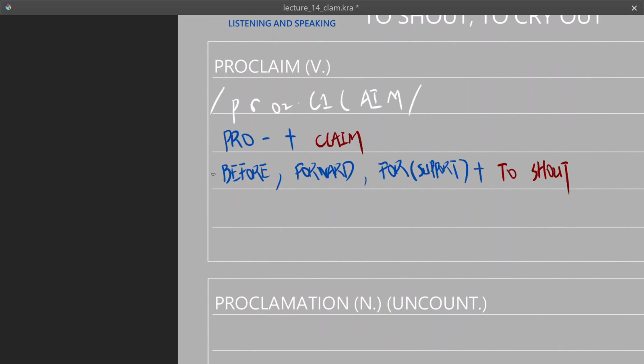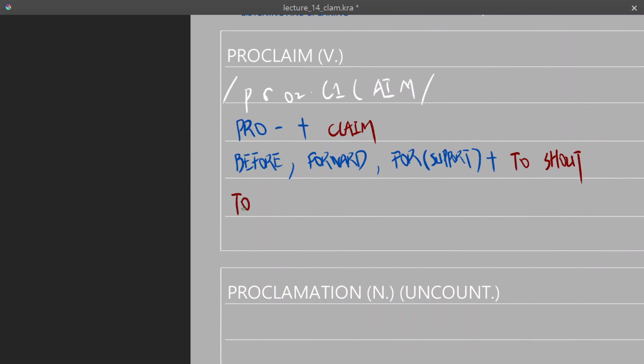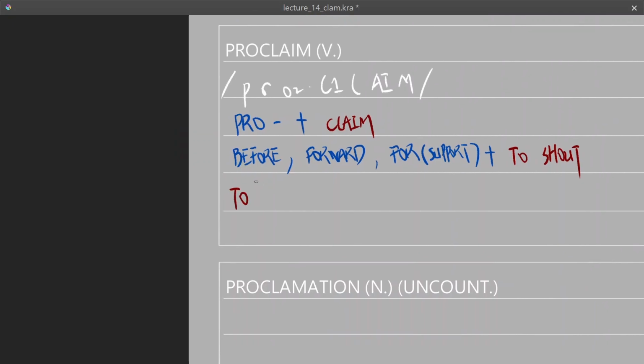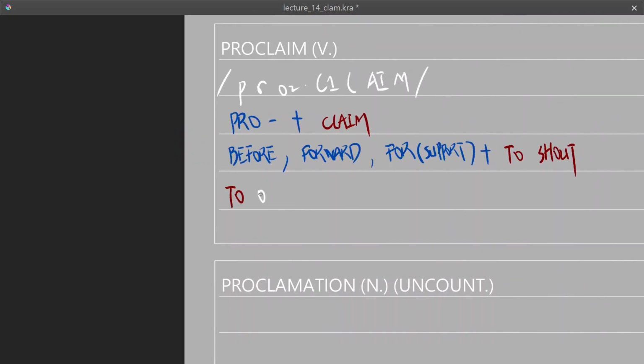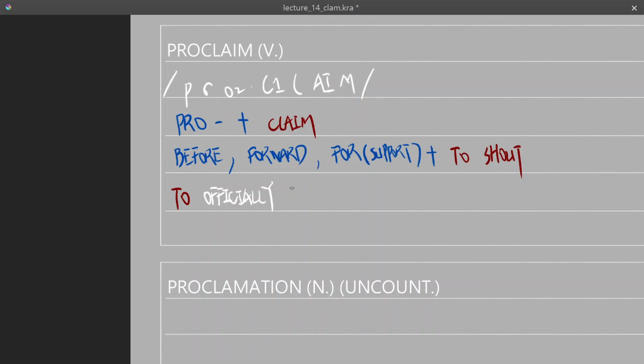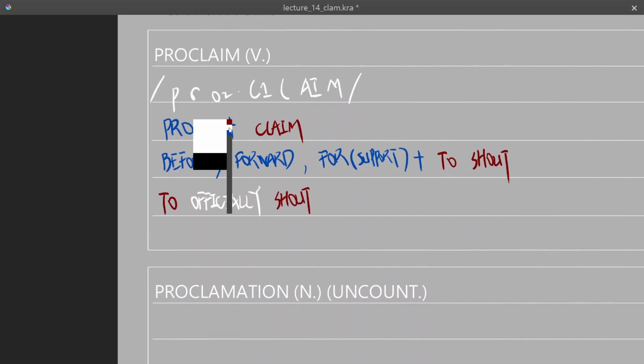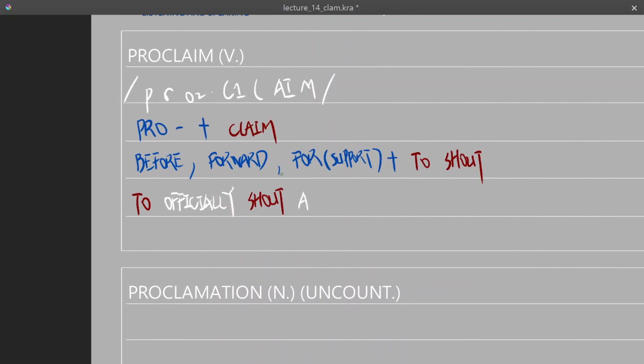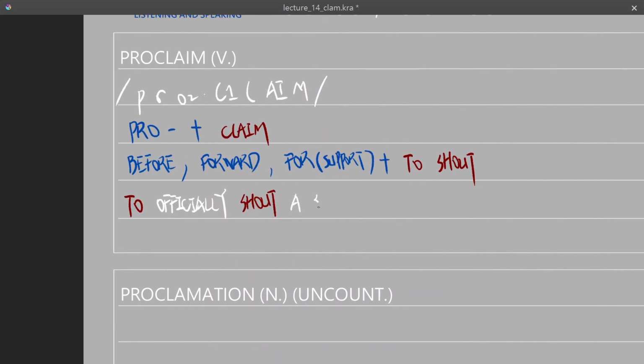It means to officially shout. Shout what? Shout a statement.